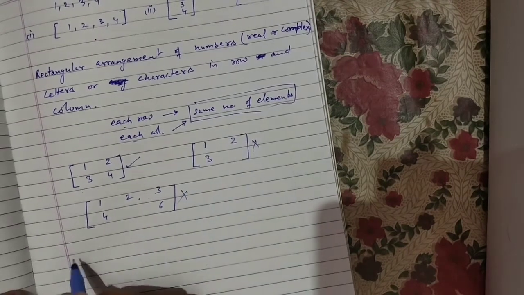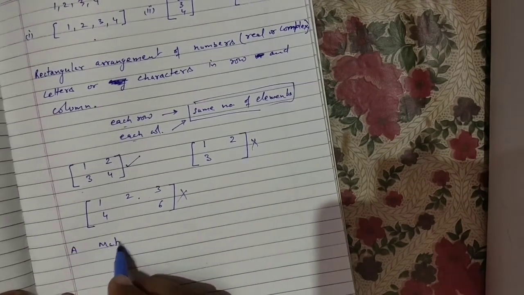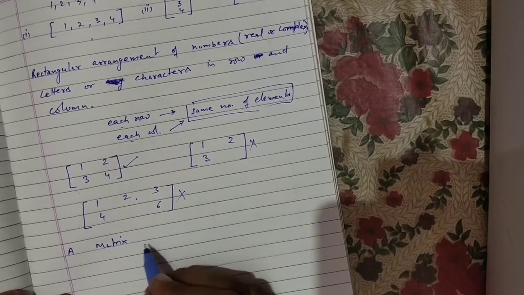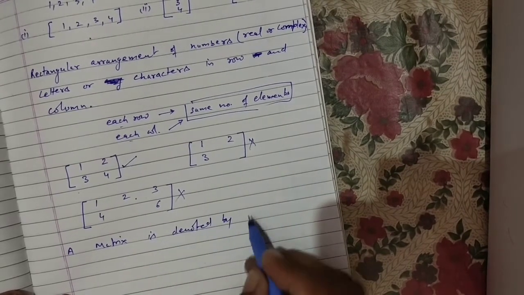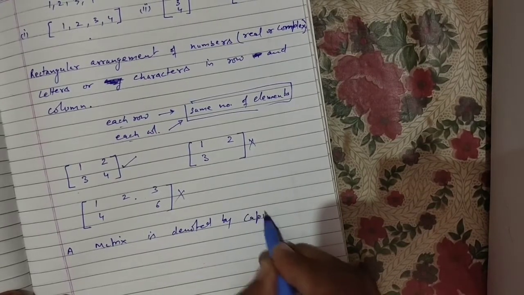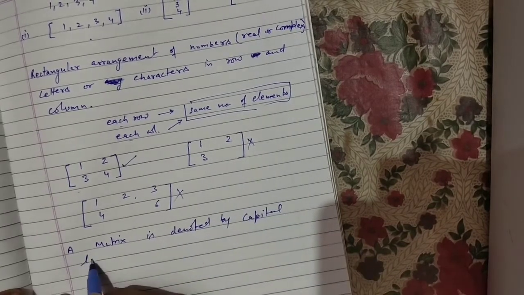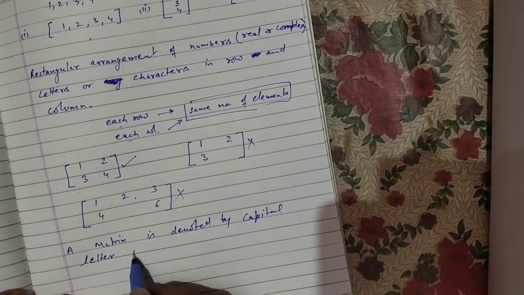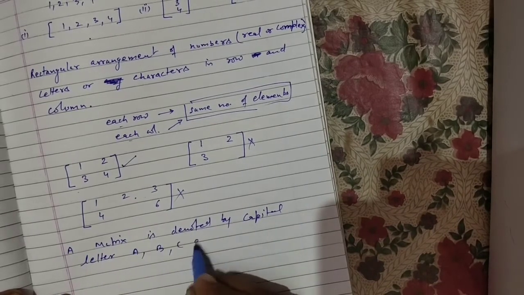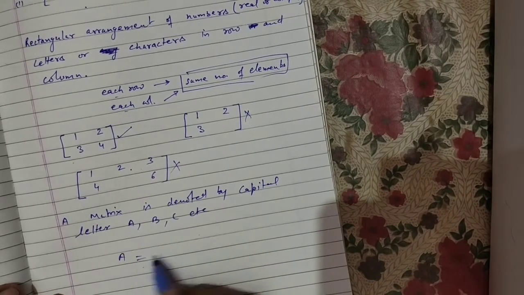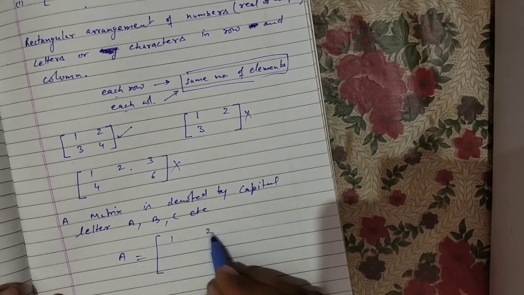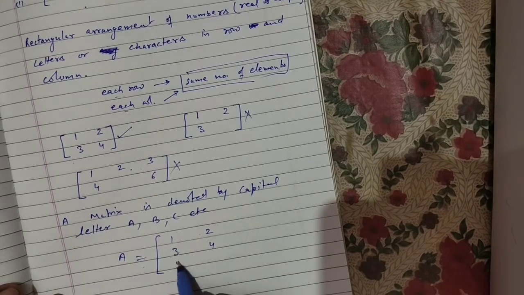A matrix is denoted by a capital letter: A, B, C, etc. I take an example, matrix A: 1, 2, 3, 4, 5, 6.